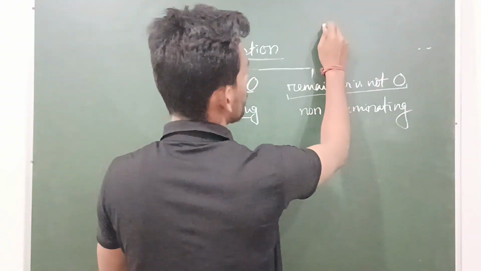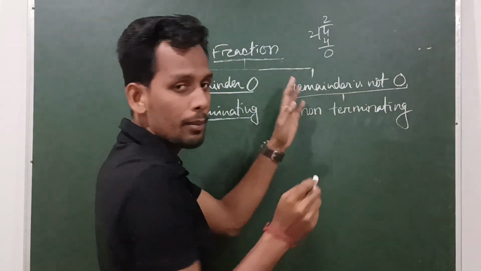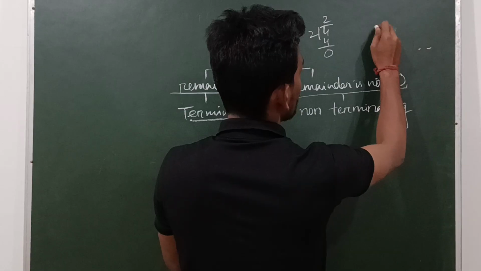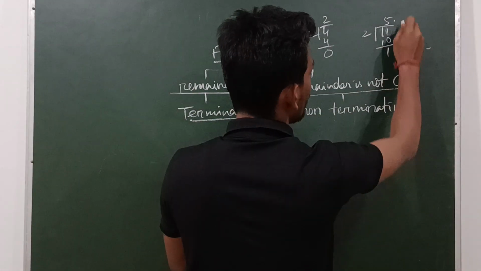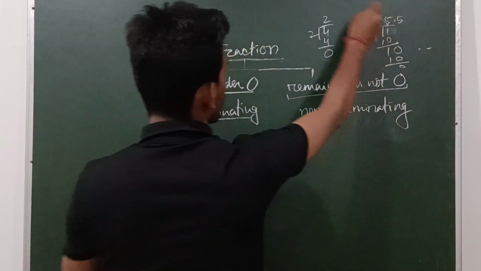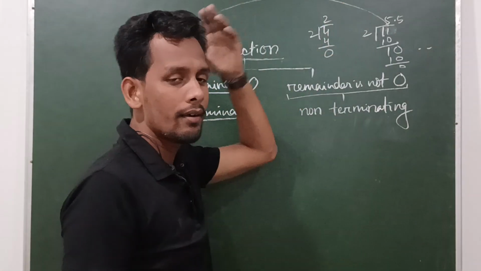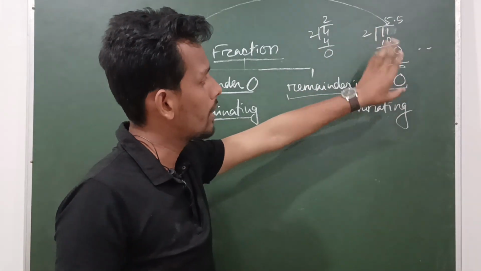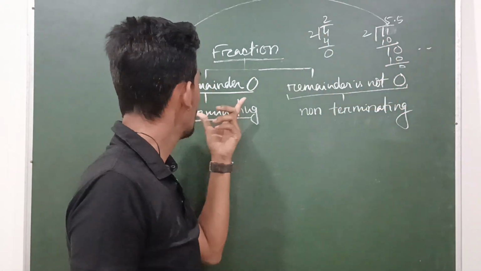See, remainder 0, remainder not 0 means what? Say if you divide 4 by 2, the remainder is 0. This is terminating. And also when you divide 11 by 2, the answer is 5.5, and it ends. This is also terminating. After the decimal, it may be 0 or some numbers; if after some time the remainder is 0, it is called terminating.